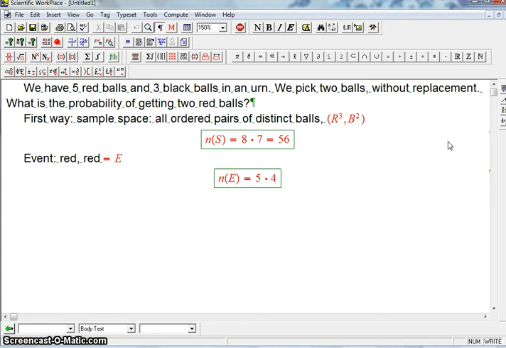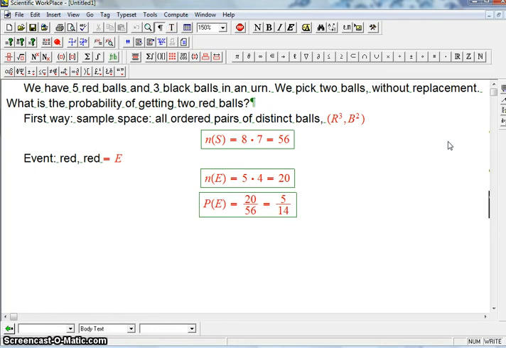So that's 20. And so the probability of getting E, the 2 red ball possibility, is 20 over 56, which simplifies a bit. I can take out a 4. That's 5 over 14.